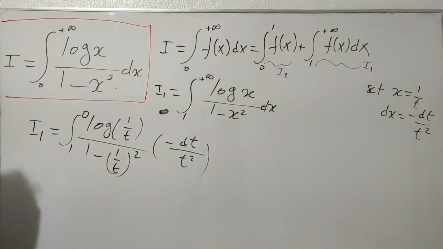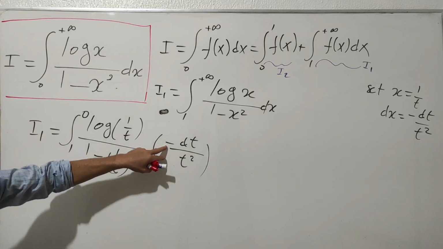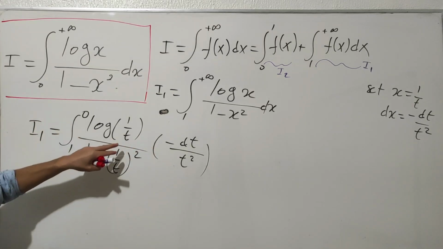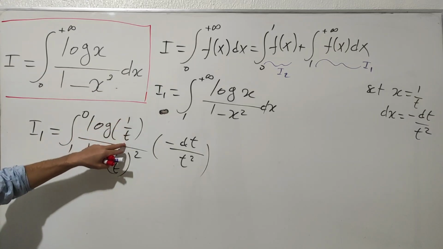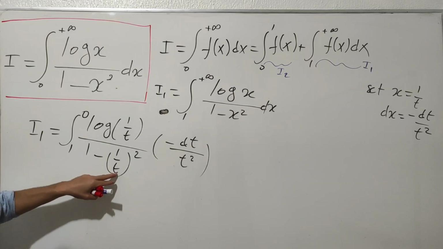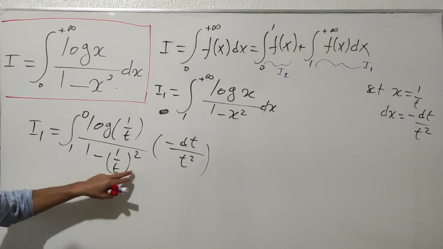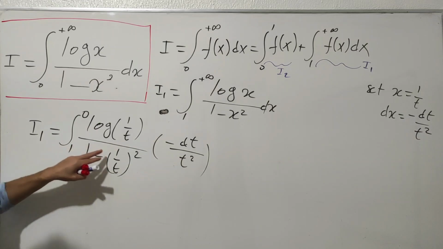Now we'll have a lot of cancellation here, so I'm going to flip this bound, then this minus sign will be cancelled out. Also, the log of 1 over t becomes minus log of t. This one will be cancelled out with this t squared here. Then multiplying the numerator by t squared, I get t squared minus 1.